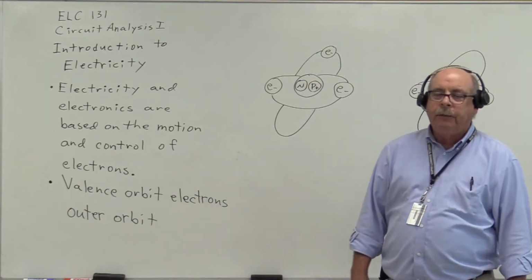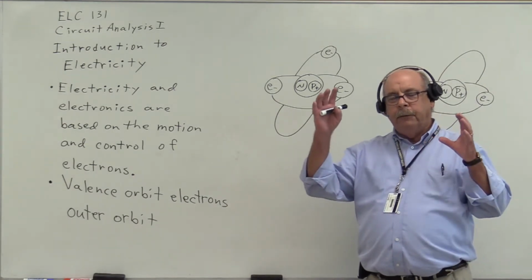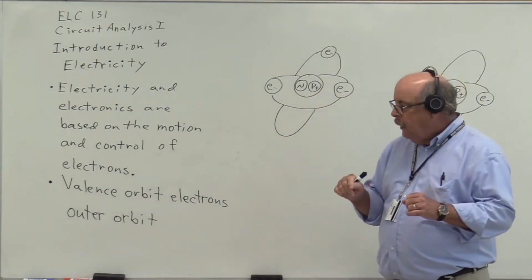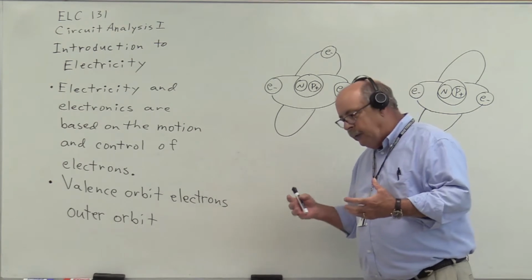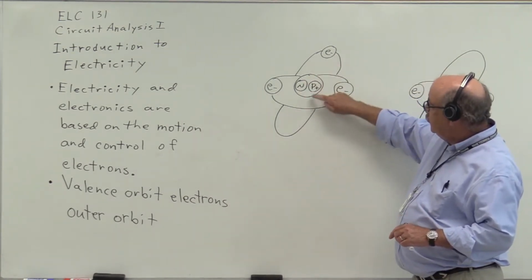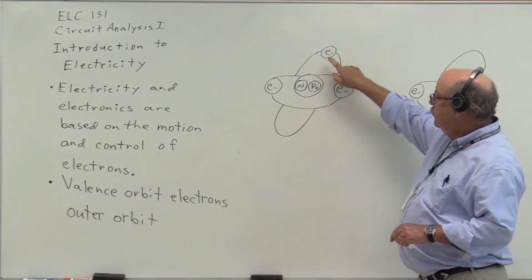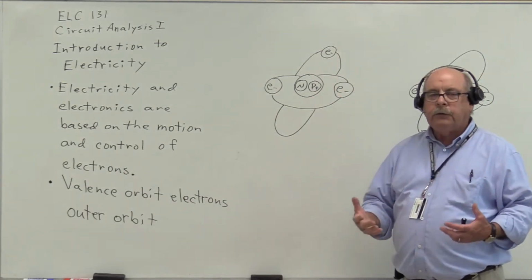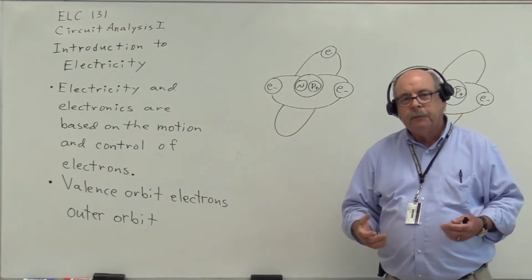And the valence orbit is the outermost orbit of an atom. And the reason we're concerned about the valence orbit is that the attraction to the nucleus of a valence orbit electron is very, very weak.